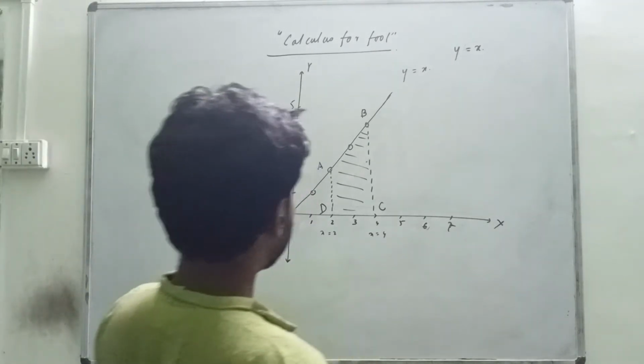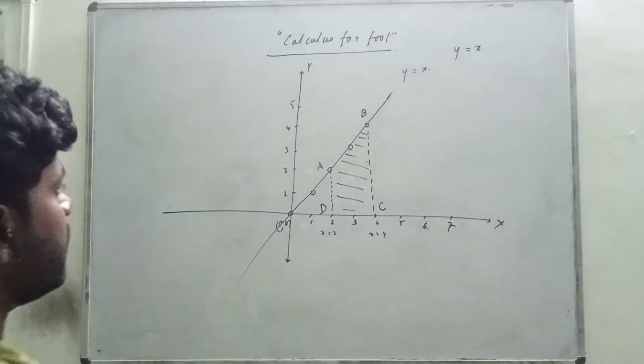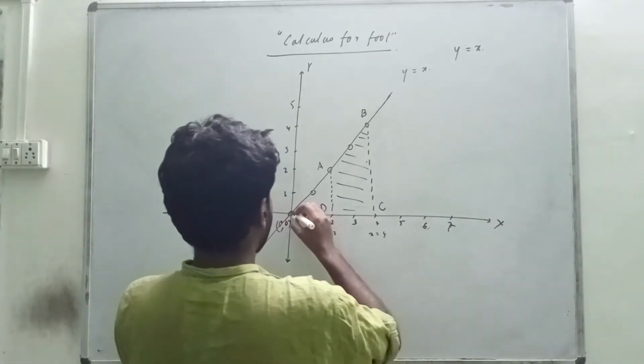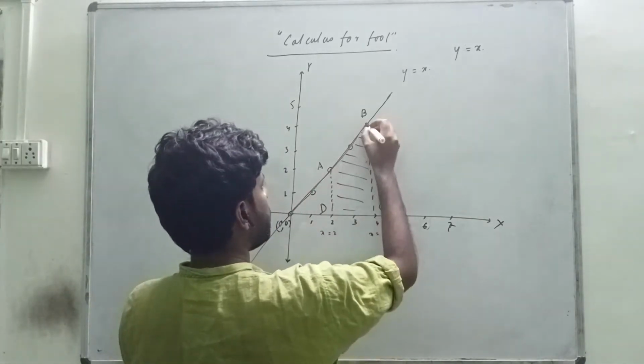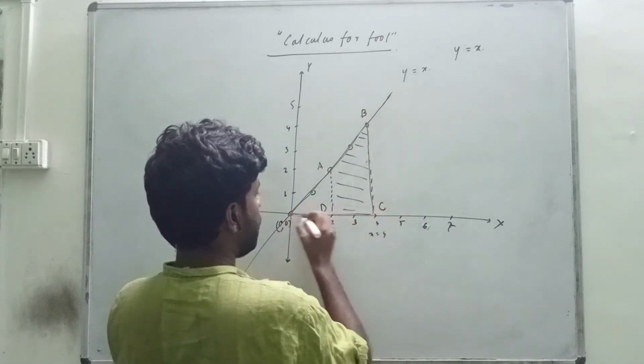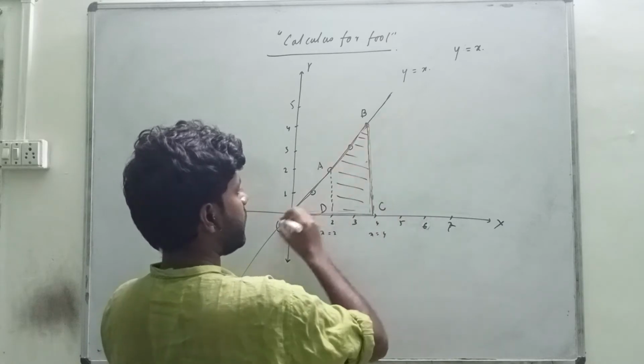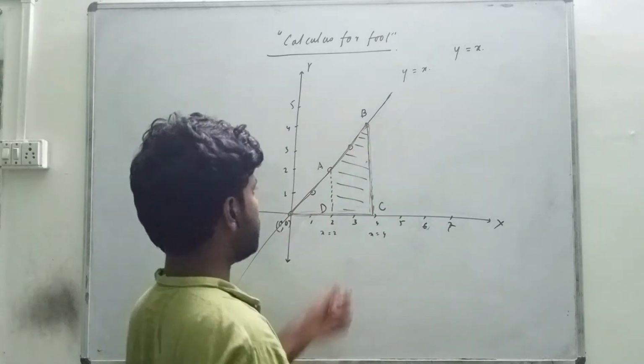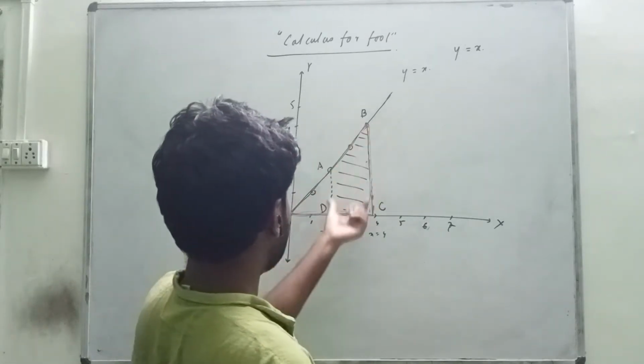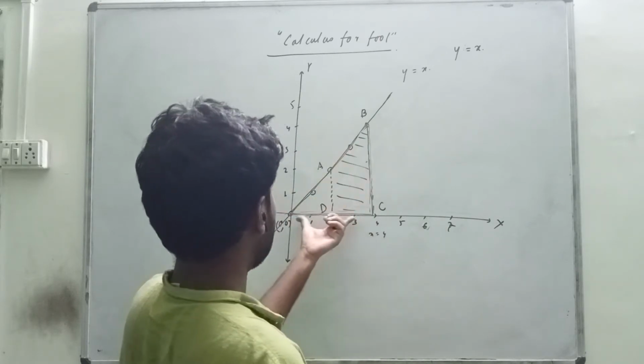Another way to proceed with this problem is to calculate the whole area of this triangle, which is a right-angled triangle, right? So what is the area of this whole triangle?